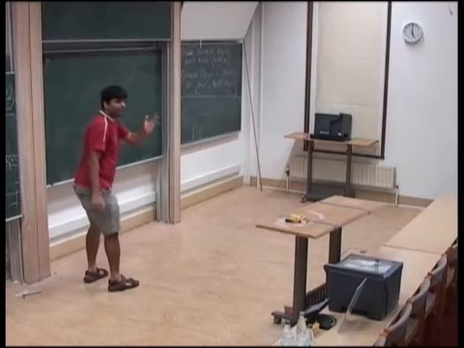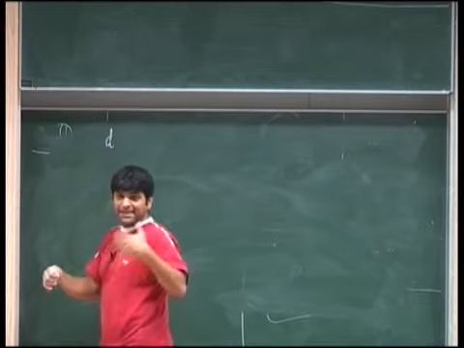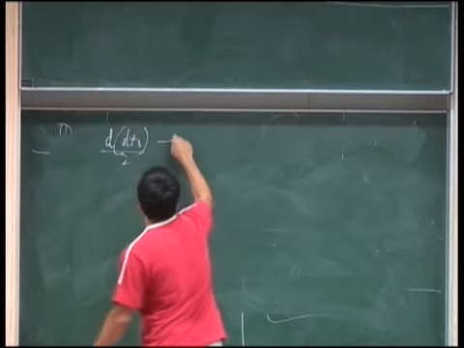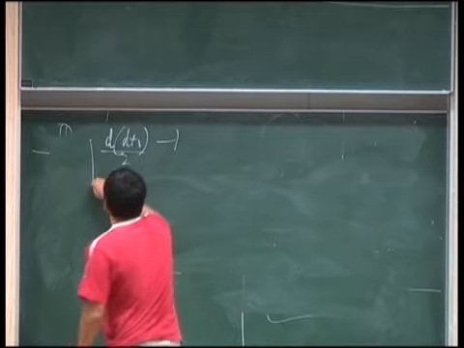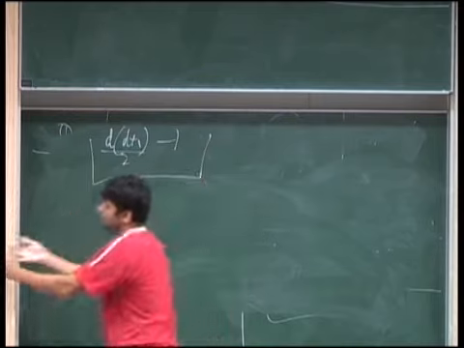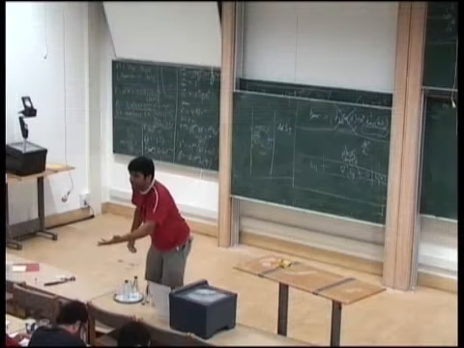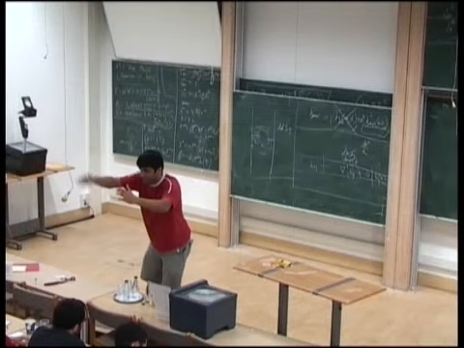Let's count the number of undetermined functions in h_ij. If the field theory space-time dimension is d, that's d(d+1)/2 minus 1 because of the tracelessness. So you would think this was the total amount of data you had to specify: so many functions of space and time, subject to d differential equations, energy-momentum conservation.